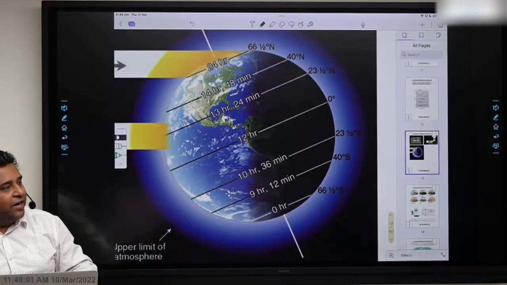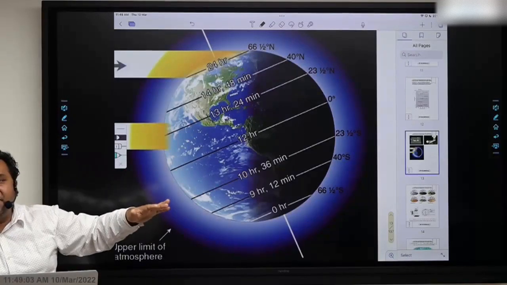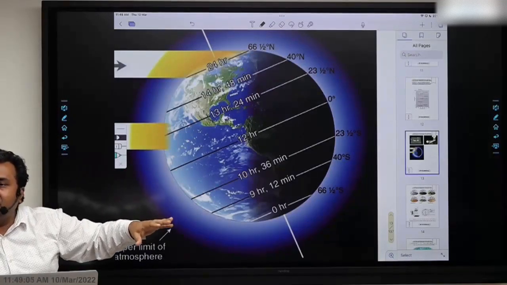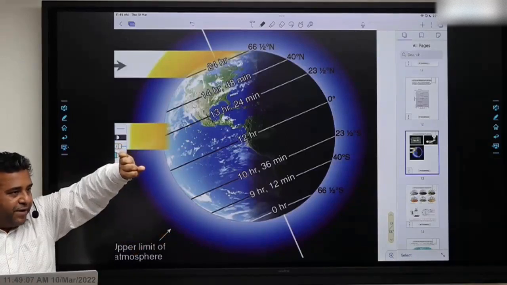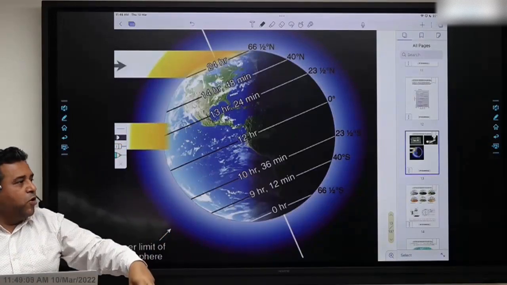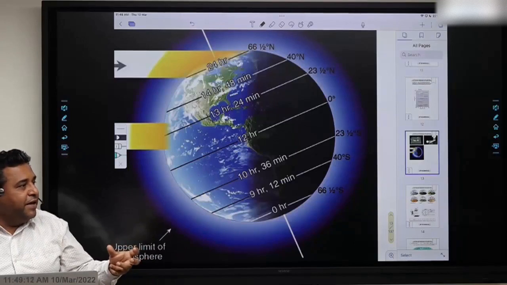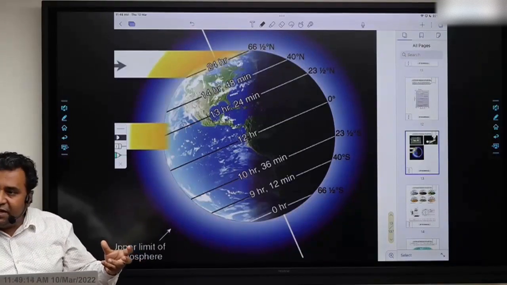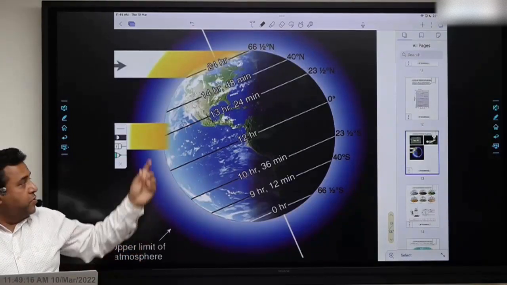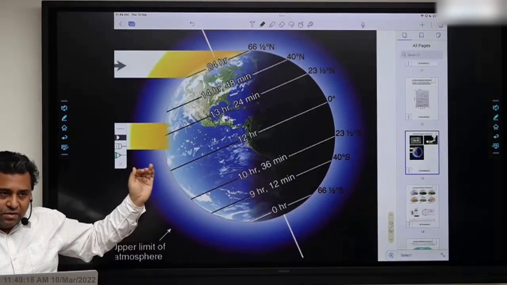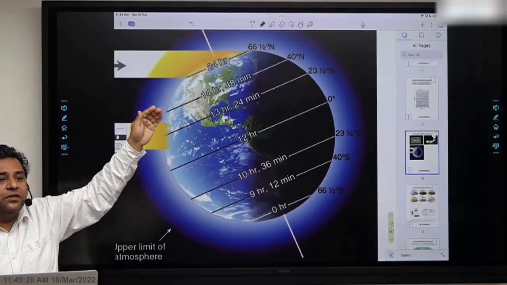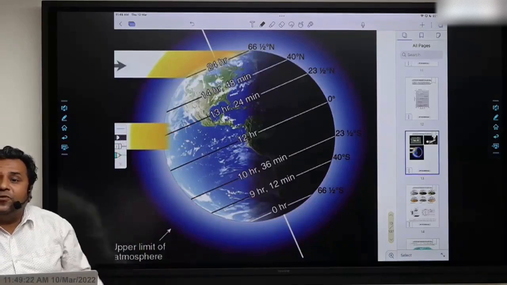The light will go to a long distance, but you will not see many things because the brightness will be very less. And if you hold the torch perpendicular, it will cover a very small area, but the intensity will be very high. It is the same logic. So in the equatorial region, more sunlight. In the polar region, less sunlight due to the shape of the earth.